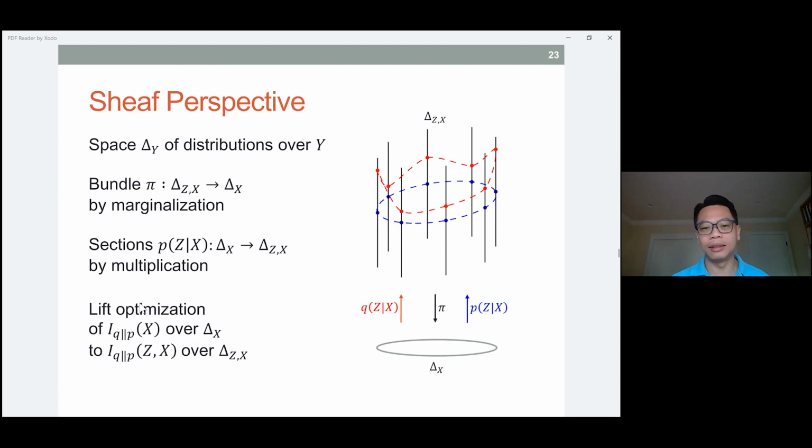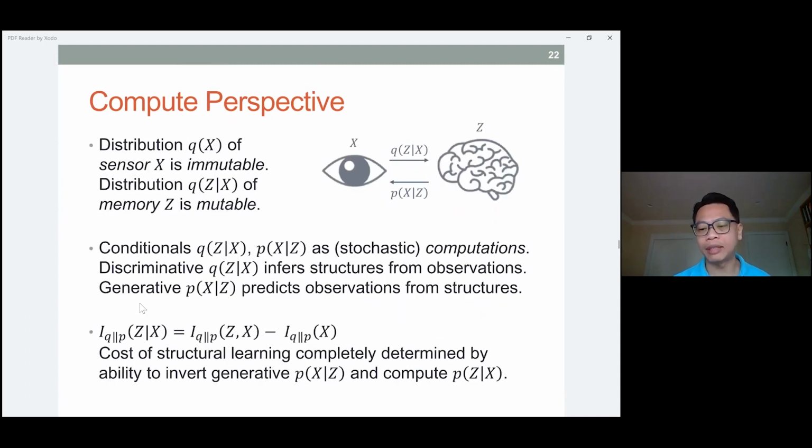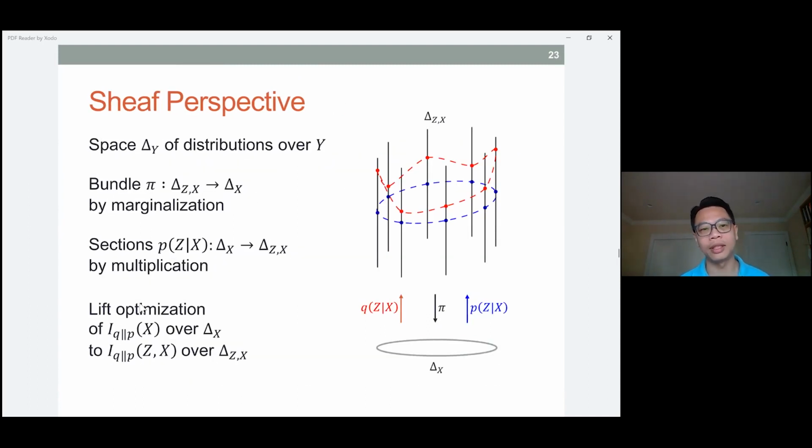I also like, besides this compute perspective, this sheaf perspective. I like to think of my distributions over X as some kind of base space, and then the distributions over Z and X as some kind of total space over my base space. And so I have a projection pi from the total space to the base space, and that's a bundle.